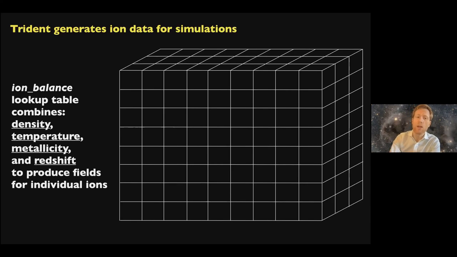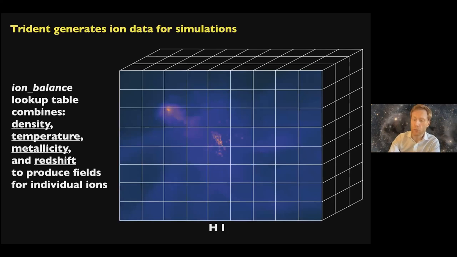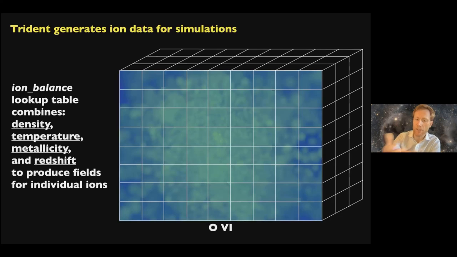And based on that, we can populate each cell or each resolution element in our simulation with additional fields for these ions. So I can put in neutral hydrogen, which, as you can see, in this sample data set, which is a very low resolution data set for the purposes of this, is much more filamentary in the distribution of H1 as opposed to something like oxygen 6, which is much more broadly extended throughout the halo because it's probing warmer, lower density gas.